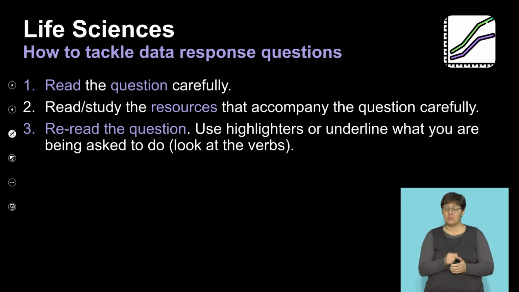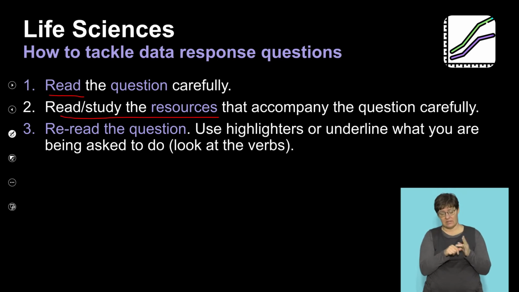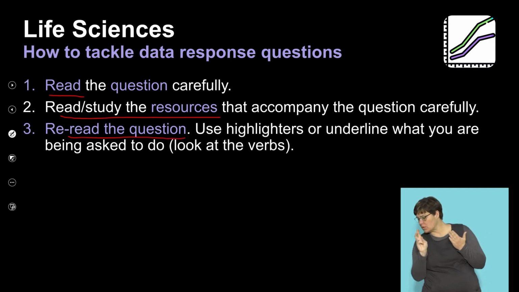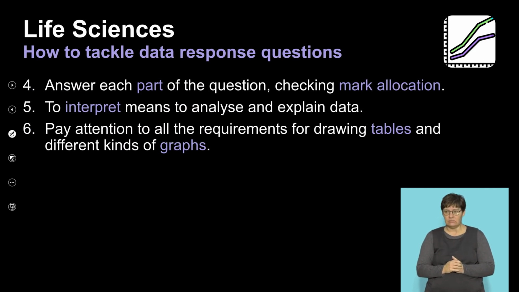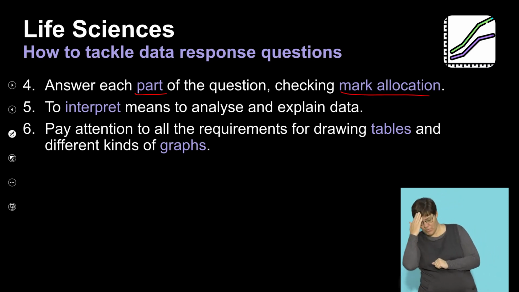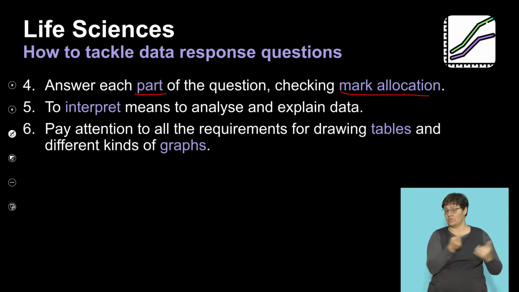Remember, reading the question is essential, and then reading or studying the resources. Reread the question. Be very certain of what you are being asked to do. And then you start answering each part of the question. Mark allocation will give you an idea of how much information is required.